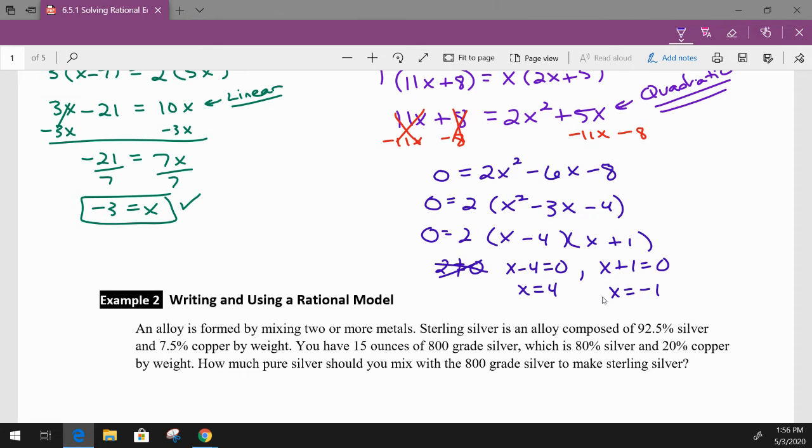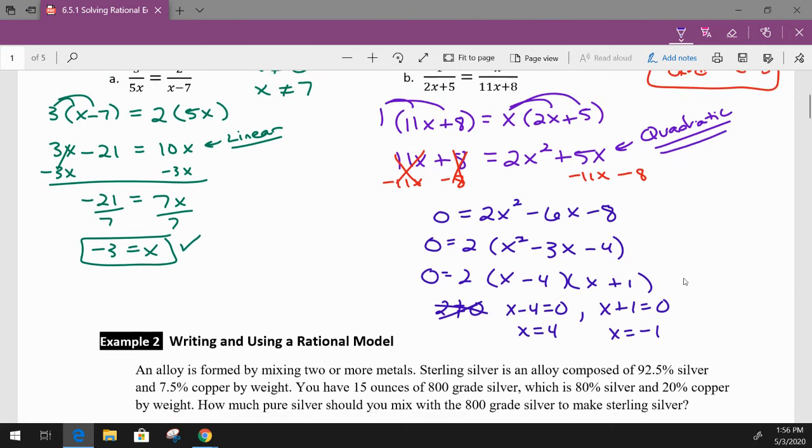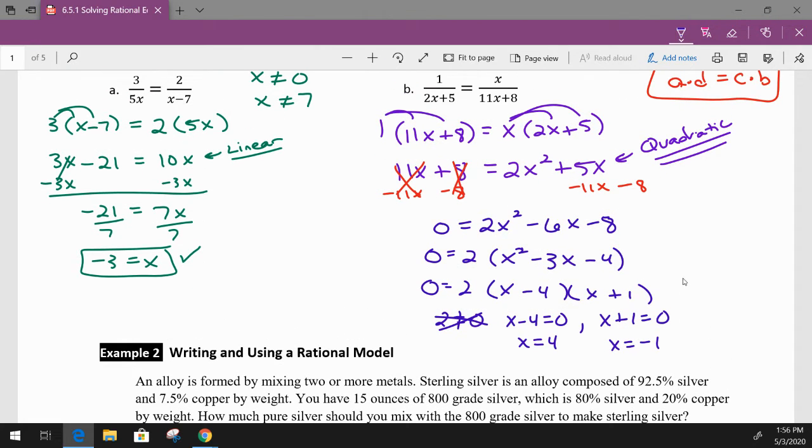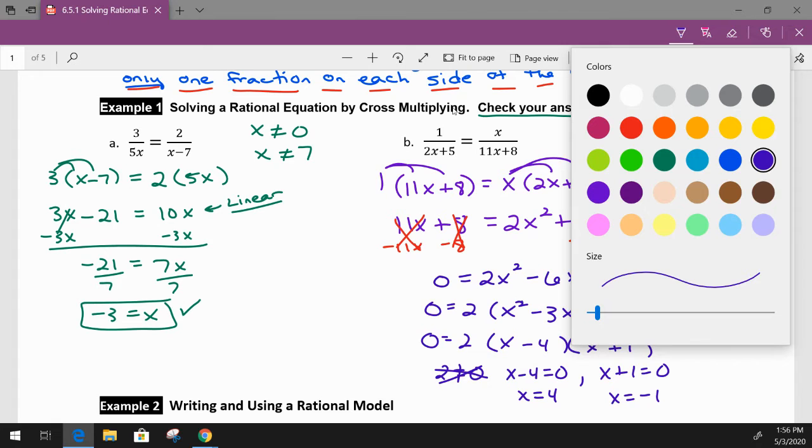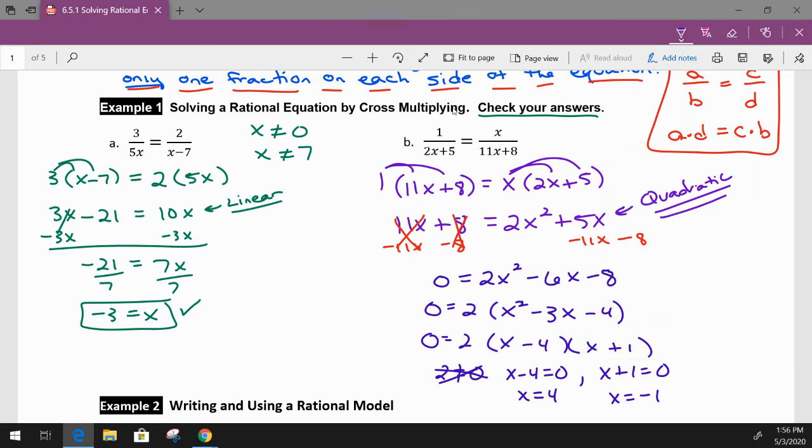Just like with logarithmic equations that we were doing not so long ago, with rational equations, you have to again check for extraneous solutions. If we were to substitute 4 back into the original denominators in the original equation, would 4 make the denominator equal to 0? Well, no. If we look back at the original equation, the denominator here is 2x plus 5.